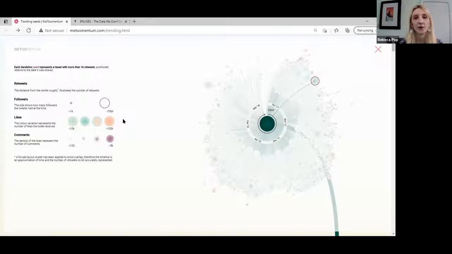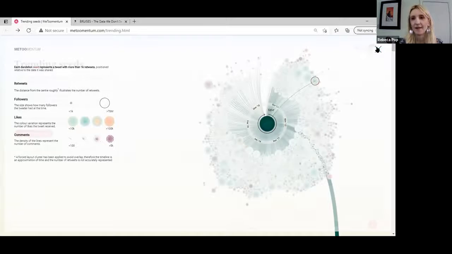Then the likes is encoded in color. The warmer the color, the closer to pink, orange, the higher the number of likes. And then the comments are encoded in this purple circle or spiral. So the fuller the spiral, the more comments the tweet got.